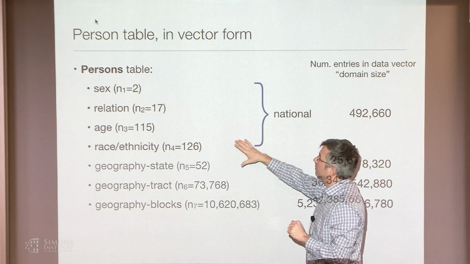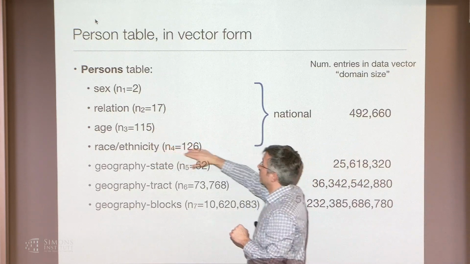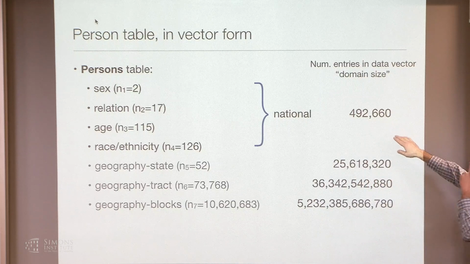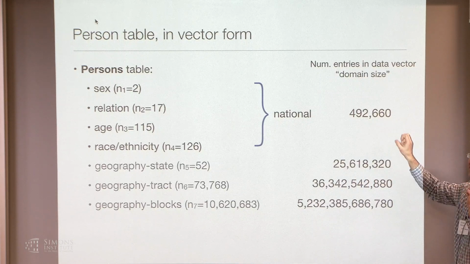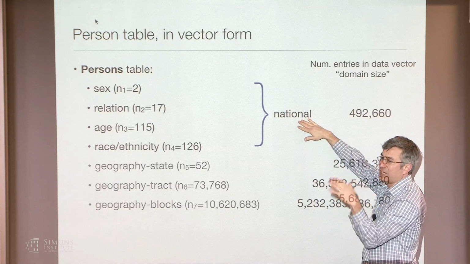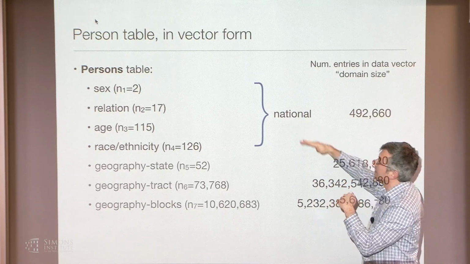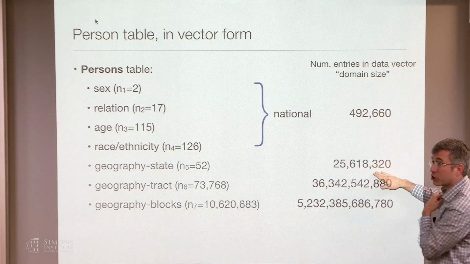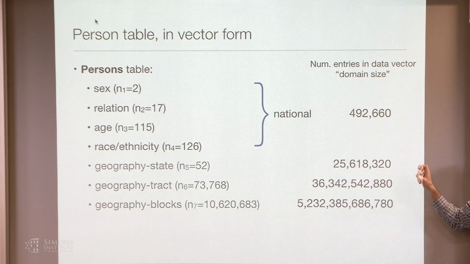So if we just look at the demographic properties, the domain size here is about 500,000. We sometimes say we've ignored geography, or aggregated up to the national level. If we want to extend down, we get much larger histogram sizes.